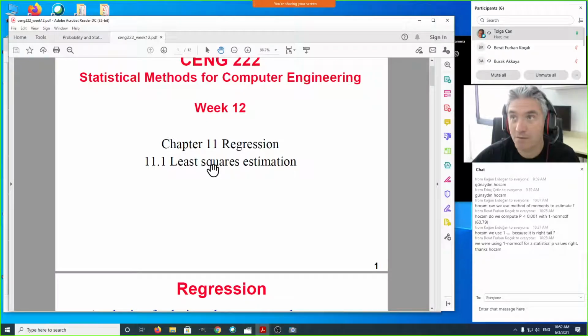It tries to find a function in which the differences between our training data and the predicted values are as small as possible. The squared deviation between the actual prices and the predicted prices is minimum with respect to a given training set. That's what least squares is in general.